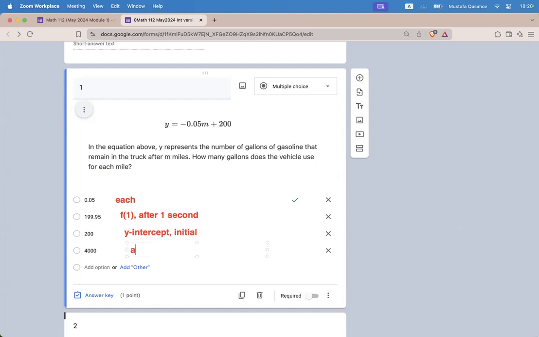And if it says after how many miles will the gasoline run out, "run out" means like finish or end, or the gasoline will be 0.